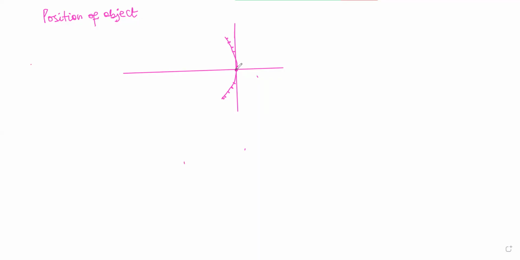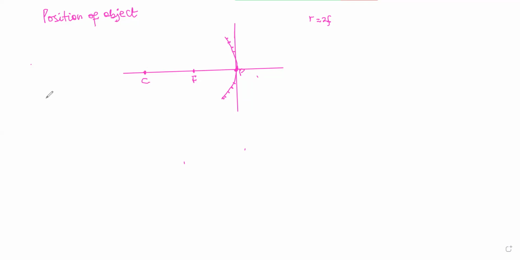So if this is the pole, you measure your focal length. Don't forget R is equal to 2F. So if my focal length is X centimeter, my radius of curvature must be 2 times X. In numerical terms, if I'm choosing 5 centimeter, then the radius of curvature must be 10.